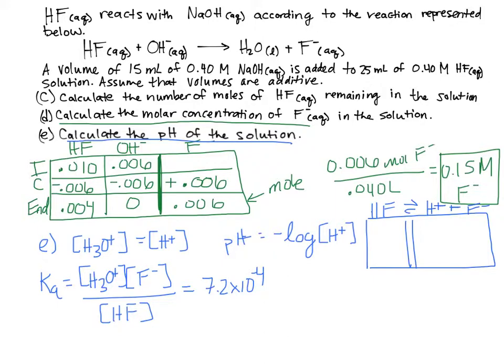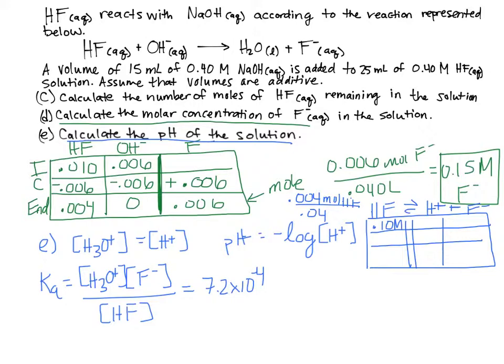We're starting with a concentration value. Oh my, we only have moles. If we have 0.004 moles of HF and it's inside of 0.04 liters, that means we have a 0.10 concentration of the HF at the beginning of our dissociation.